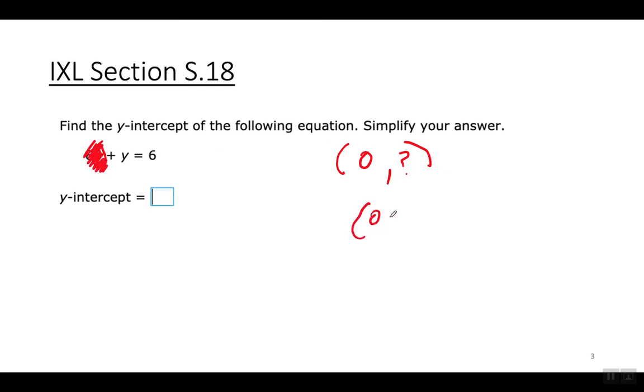So the coordinates of the y-intercept are (0, 6). Therefore, the y-intercept is 6, because the y-intercept is the coordinate right here when x equals 0. Another way of asking this is, if x equals 0, what will y be in this equation? If x equals 0, y will be 6.